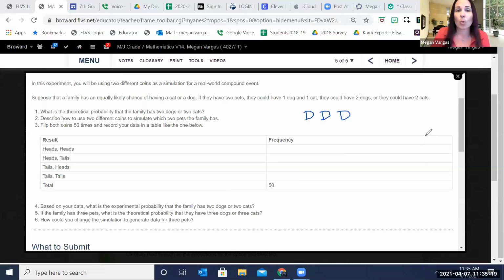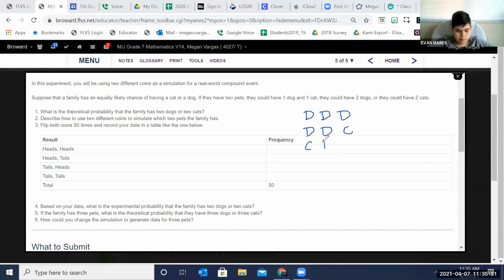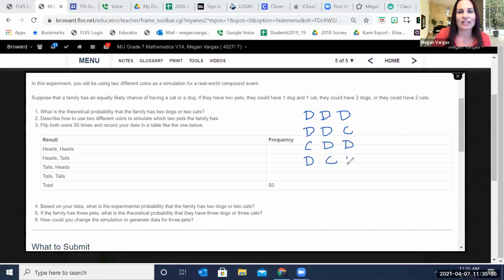Or we could have 2 dogs, but there are quite a few ways that we could have 2 dogs. You could have a dog, a dog, and a cat. A cat, a dog, and a dog. Or a dog, a cat, and a dog. So these are all the ways you could have 2 dogs. This is the way that you could have 3 dogs.